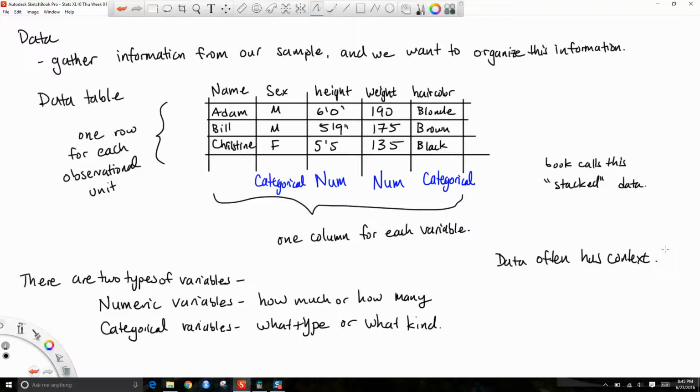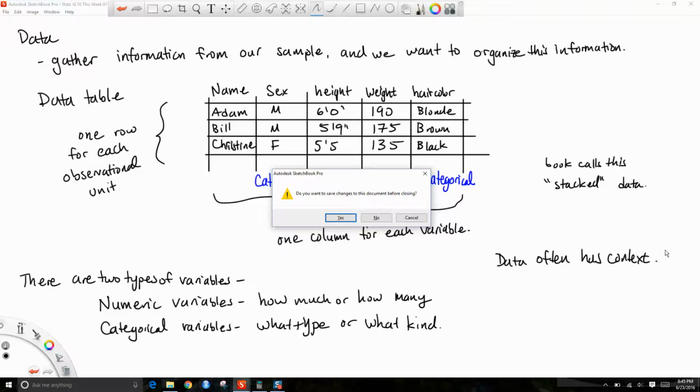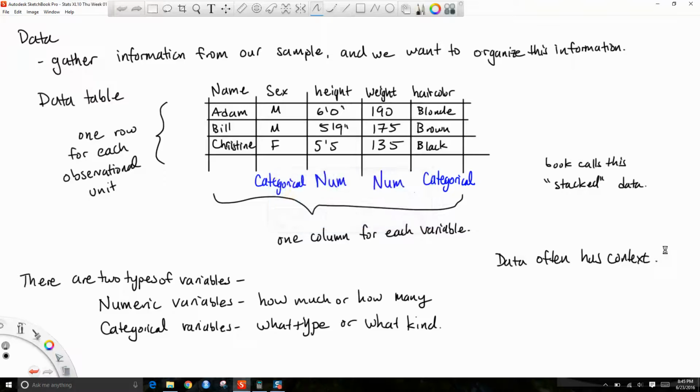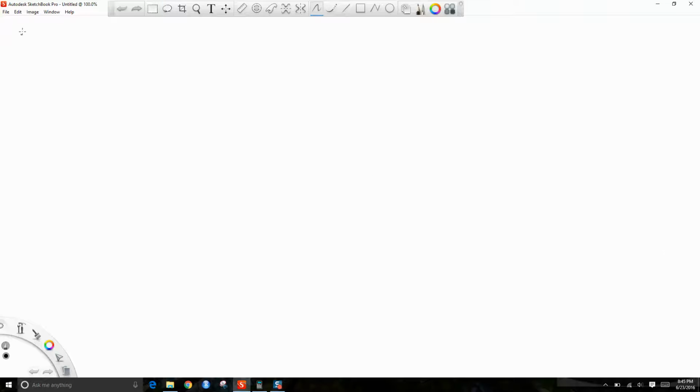We might want to summarize some of our data. And so we'll start off with summarizing categorical data using what we call a frequency table.